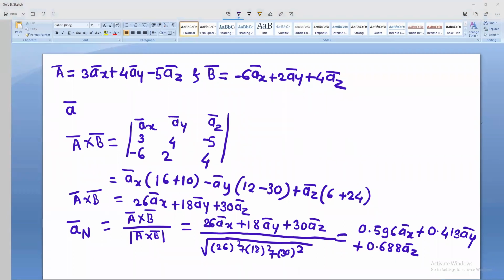Everyone is solving the example or not? Solving, ma'am. Okay, everyone noted?